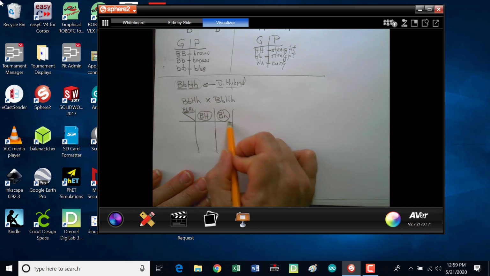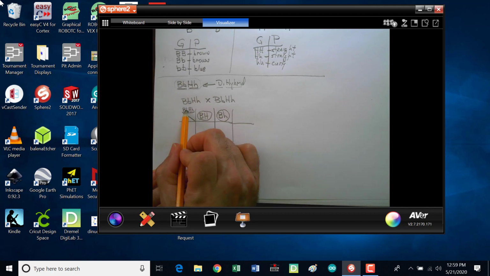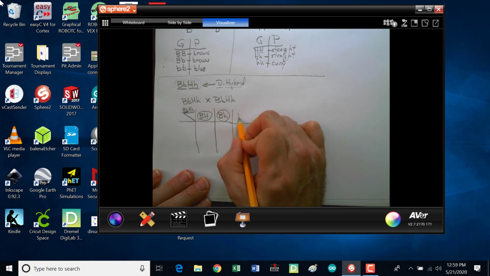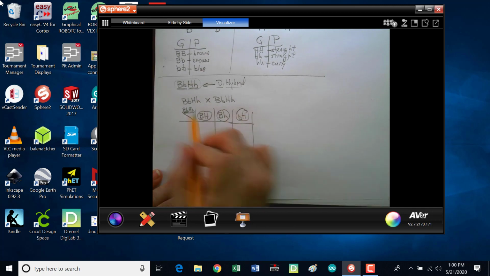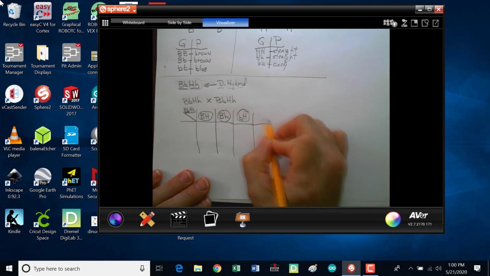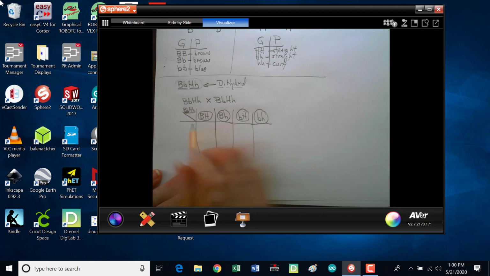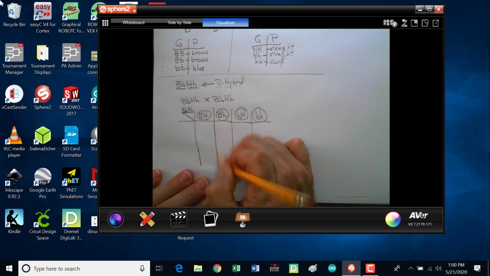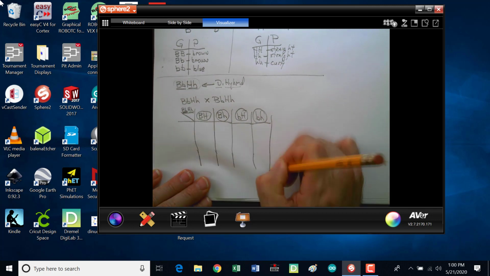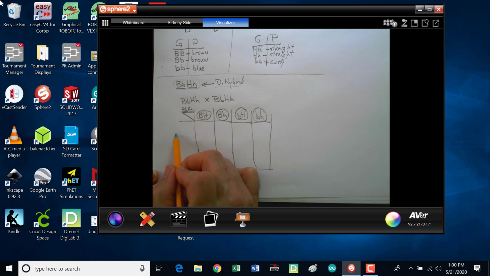Likewise, we come on down and we go tails on the first and heads on the second. That would be a little b, big H gamete. And lastly, you get tails on both, and that will produce a little b, little h. So an organism with this genotype can produce four unique kinds of gametes for those two traits, hair and eyes.